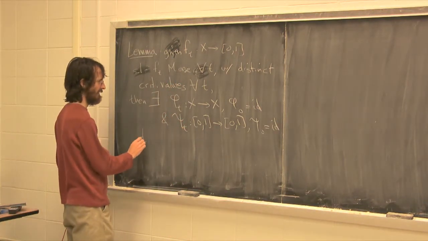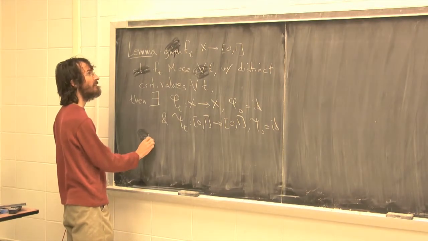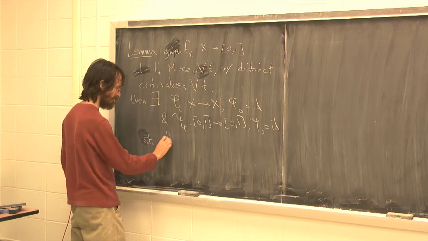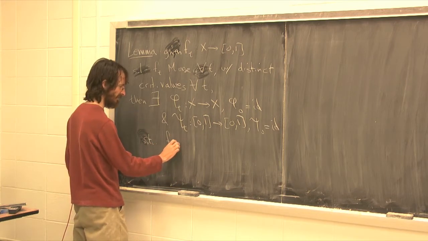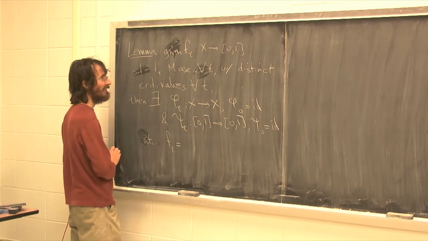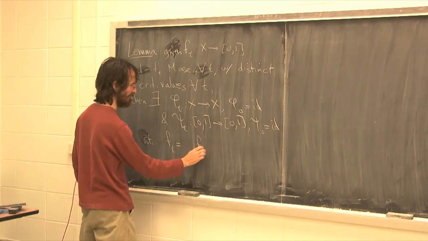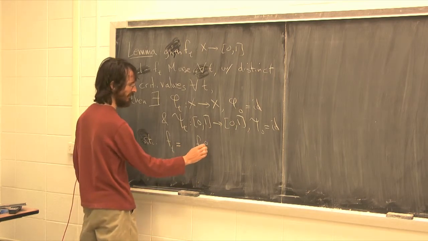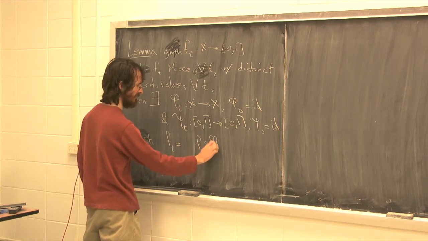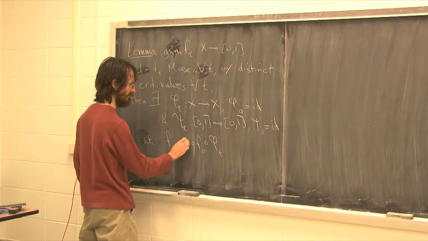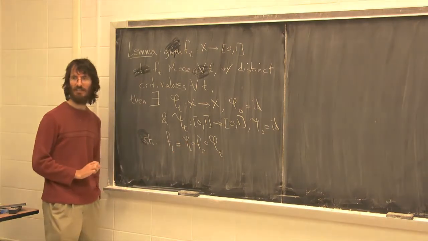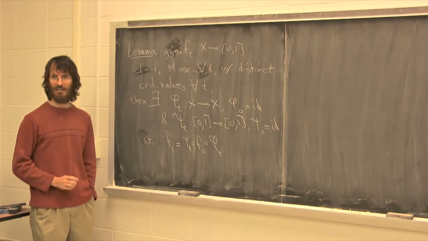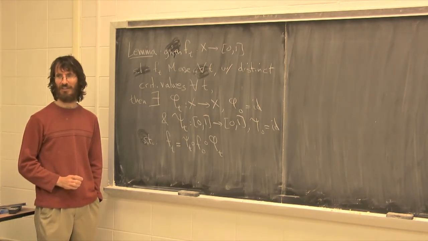Then, such that f_t can be reinterpreted as obtained from f_0 by doing something. So f_0, I want to precompose it with phi_t and post-compose it with c_t. And so the upshot of this is that up to ambient isotopies of domain and range, nothing really happens.